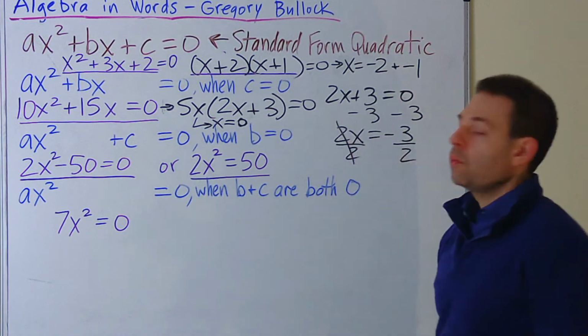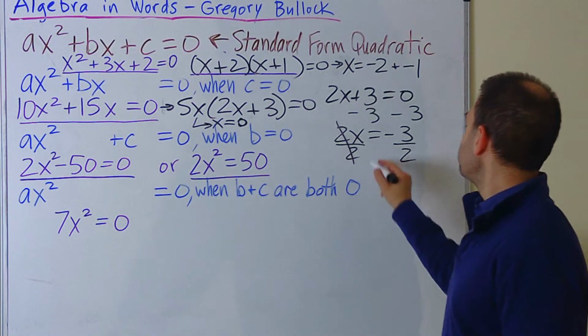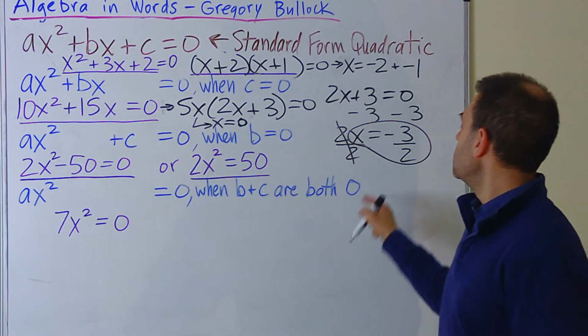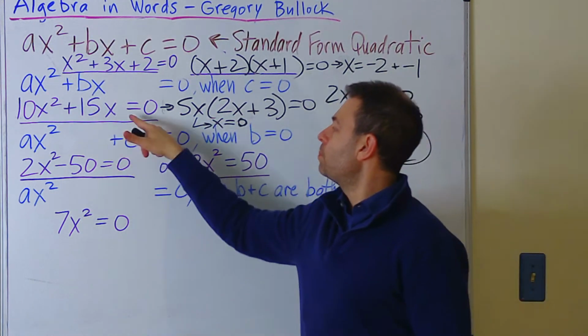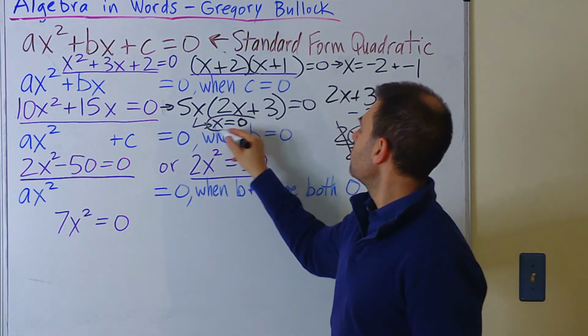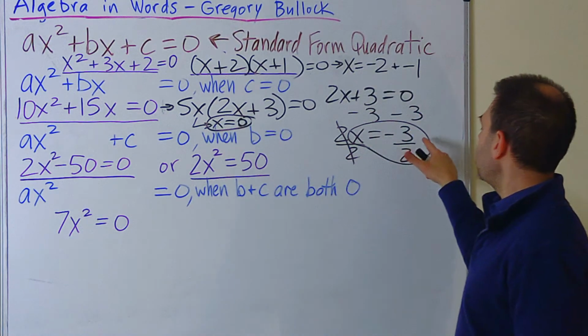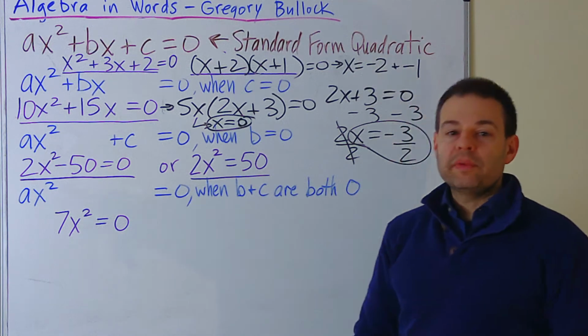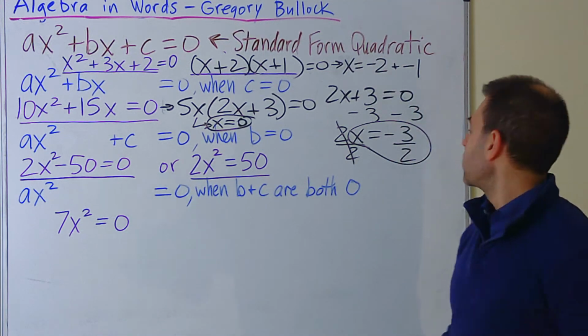And when we cancel out the 2's on the left, we're left with x equals negative 3/2. So the answer to this original problem is x equals 0 and x equals negative 3/2. Alright, so let me erase that for more room, and then we'll look at the next one.